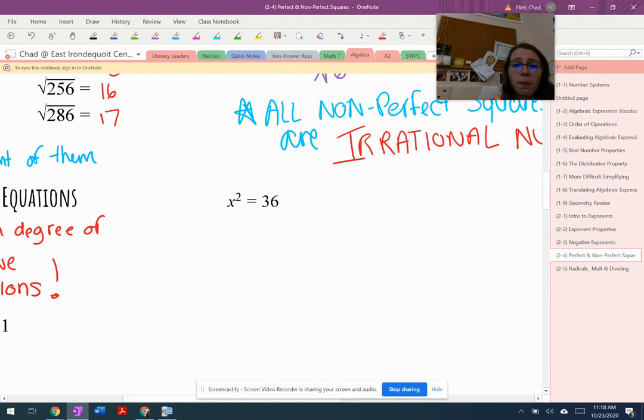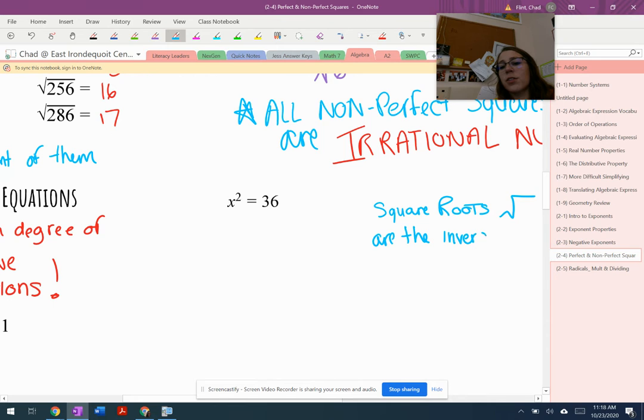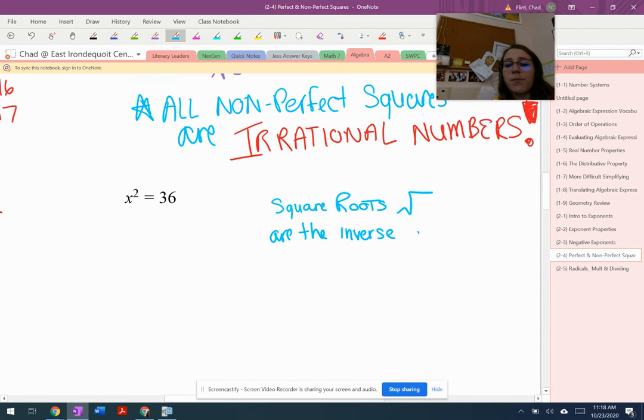So let's jot that down over here. Square roots are the inverse operation to squaring something, raising something to that second power.